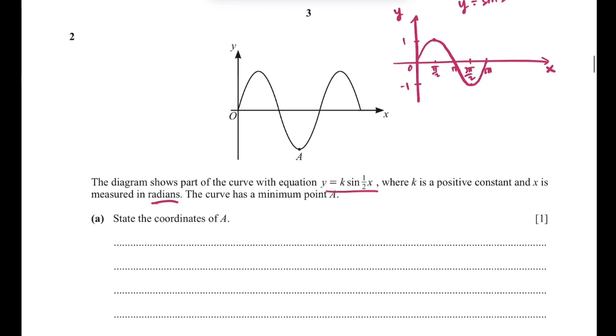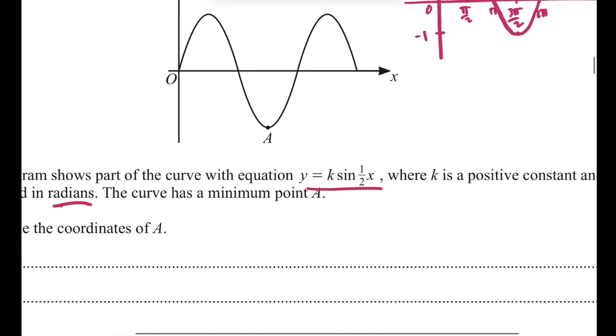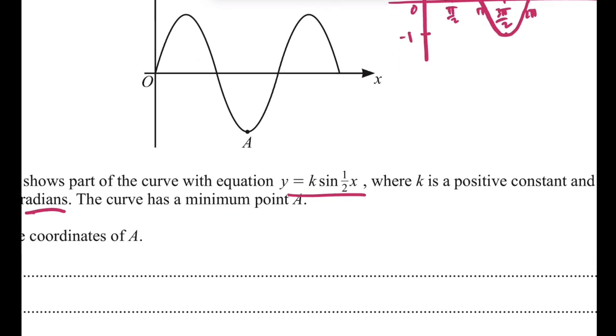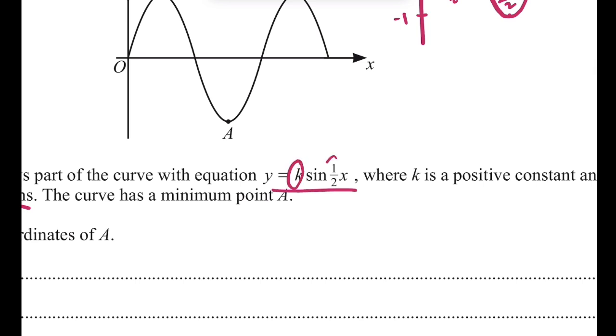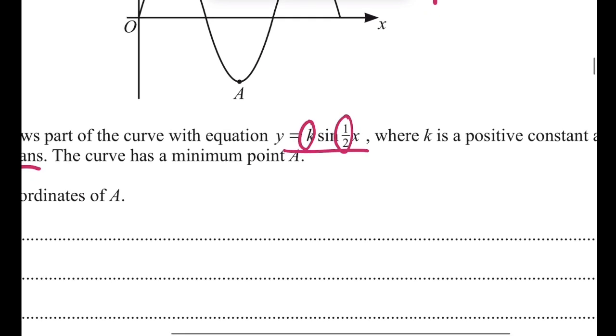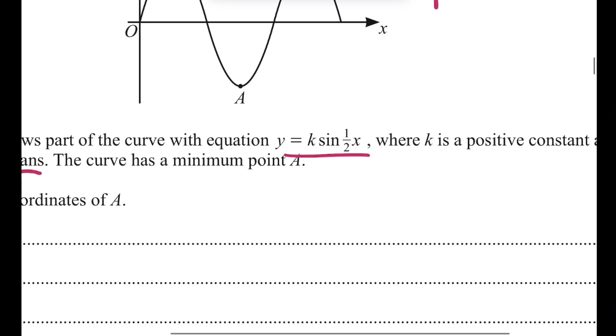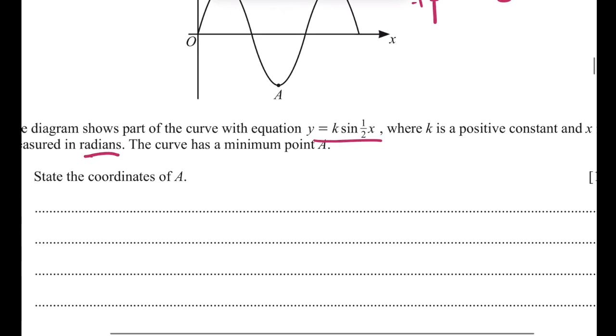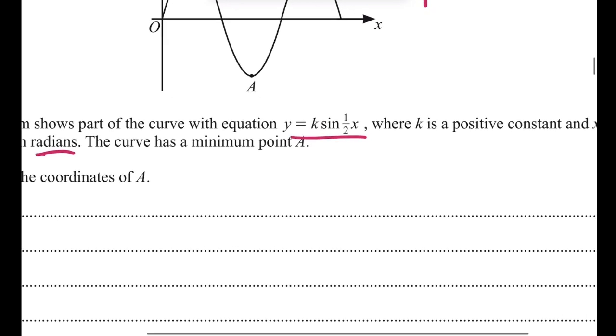But the function that we will have here is k sine 1 over 2x. So what do k and 1 over 2 do to this function? We have a stretch transformation or enlargement. So if we have k f(x), what do we do to f(x), and then f(kx), what will happen to the graph for this?